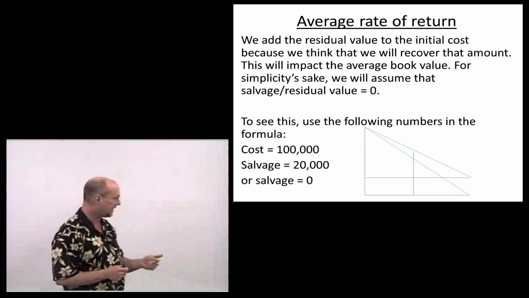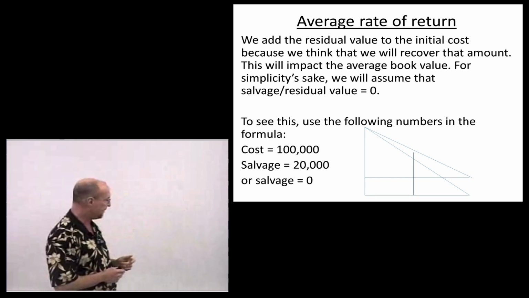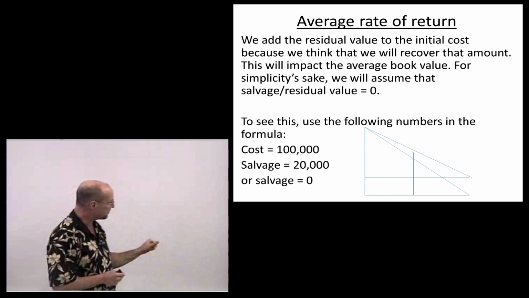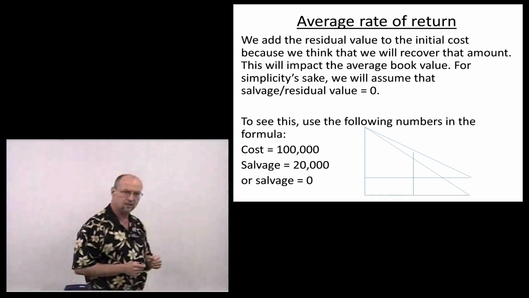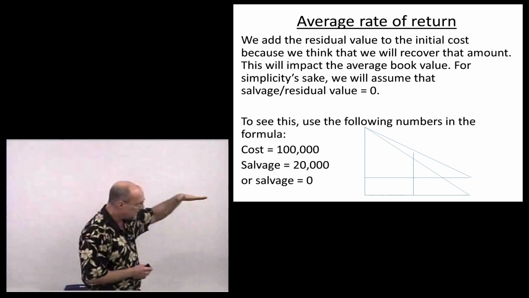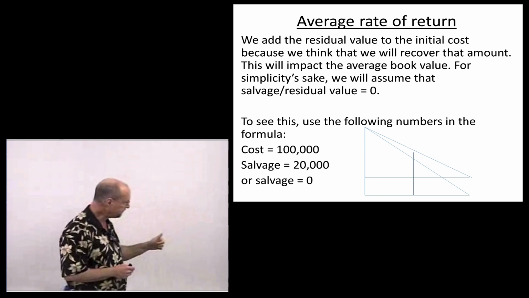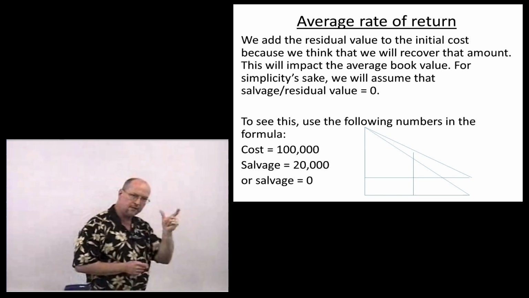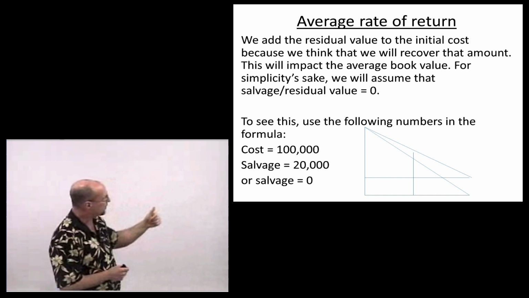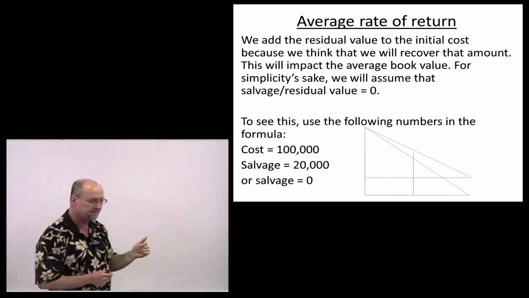But I just want to make a brief comment on this concept. I have a little graph here. It's not the best graph we've ever seen, but what it does is look at the data in this example. The cost of the investment is $100,000. That would be the top of the graph there. And 2 different scenarios illustrate this point about what is the average cost of the investment.